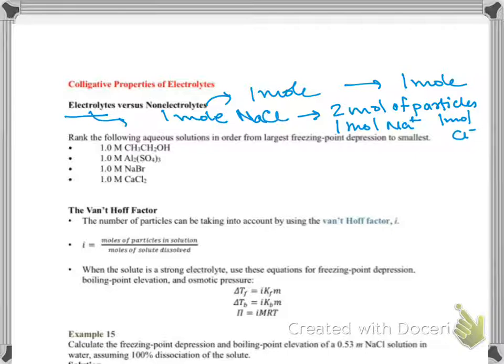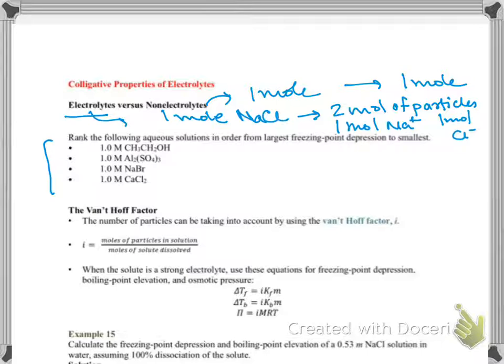So here if you have a question, rank the following aqueous solutions in order from largest freezing point depression to smallest, then the first thing you have to look at is which ones are molecules and which ones are ionic. 1 molar, so consider 1 molar particles for each.